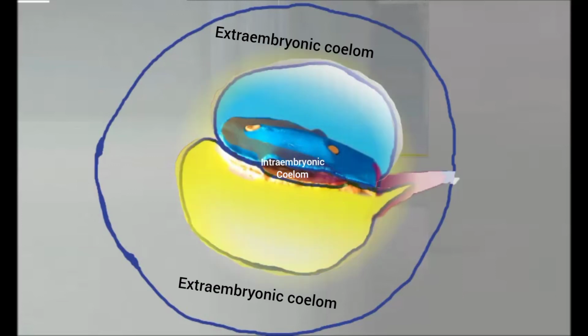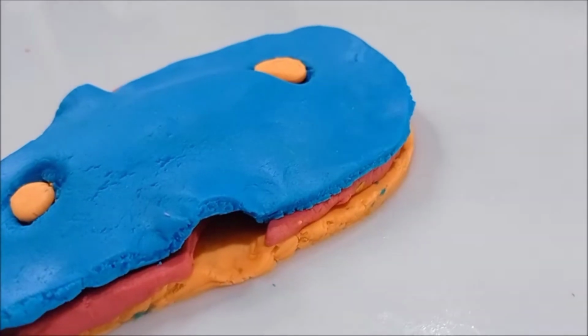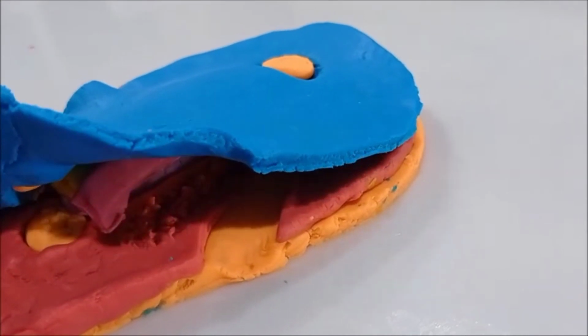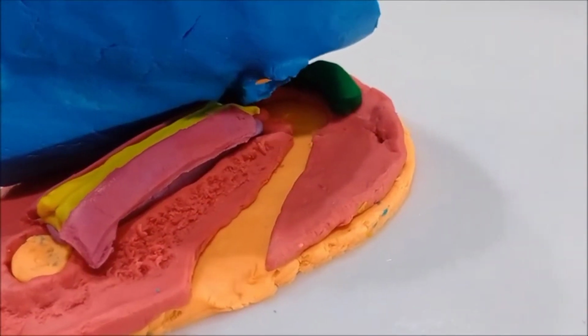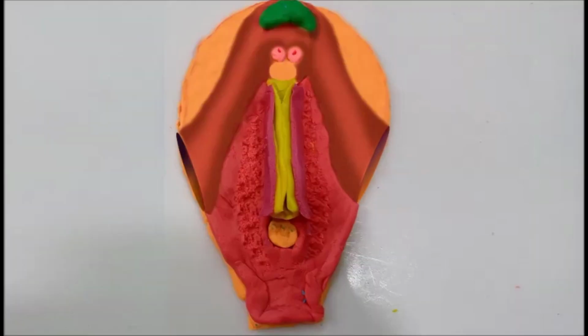And this is what we get finally. Now I am removing the ectodermal layer to show you what is there inside. This is how the layer is being removed, and this is the final appearance of the mesodermal layer.